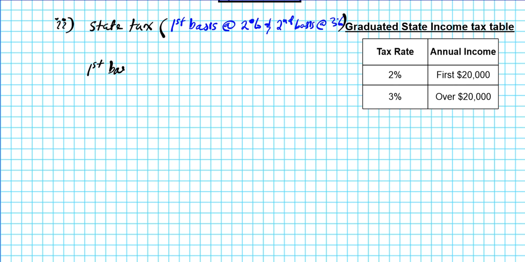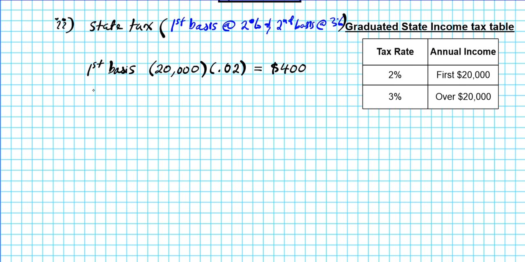So the first basis can be determined by taking the amount in the first bracket, 20,000, and then computing 2% of that dollar figure. 2% in decimal form is 0.02. This can be accomplished by moving the decimal point 2 places to the left as we did in the previous problem. Now if you enter this product into your calculator, you will end up with $400 as the first basis that she pays for her state taxes.